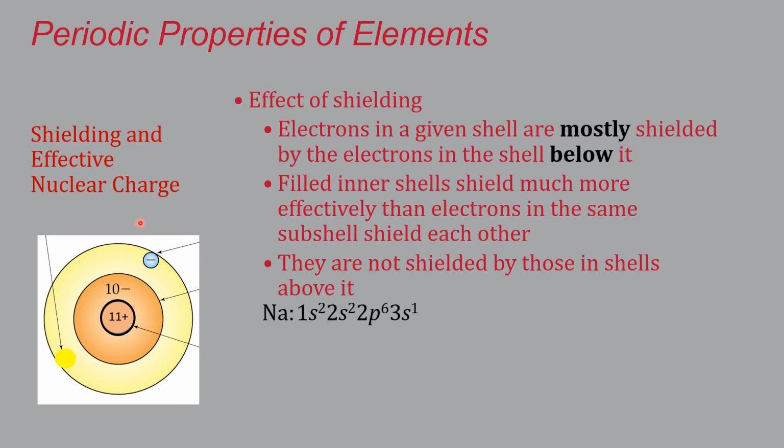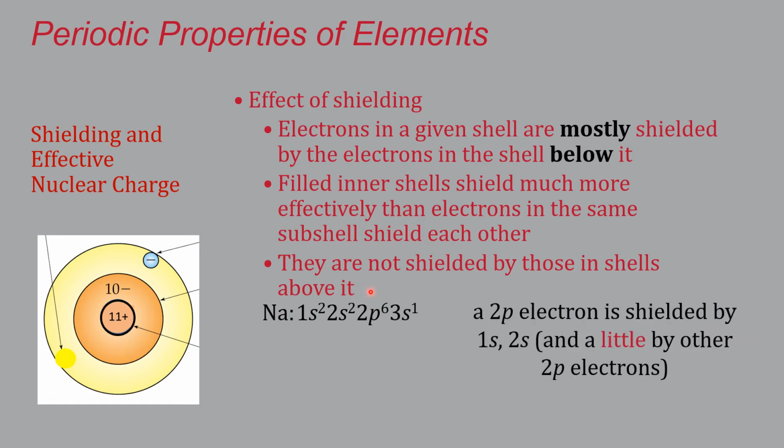Now, for example, let's look at sodium, and let's actually look at two different types of electrons. This neutral sodium atom has 6 2p type electrons. Any one of those 6 individually is shielded by the 1s electrons, the 2s electrons, kind of, and a little bit by its neighbors in the 2p subshell.